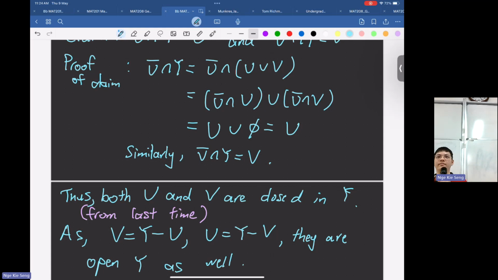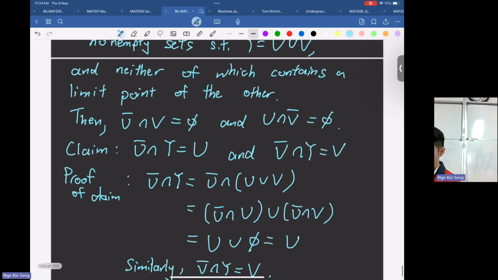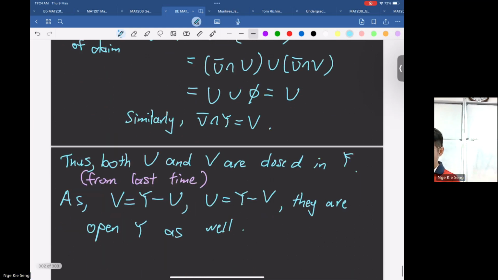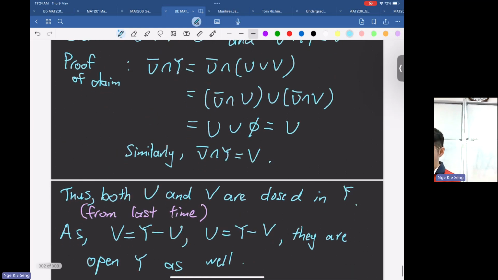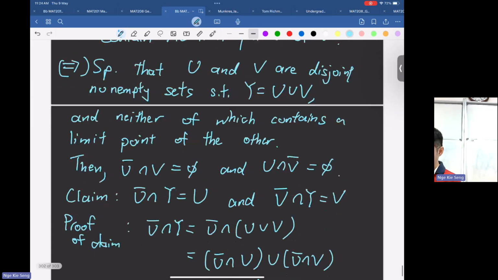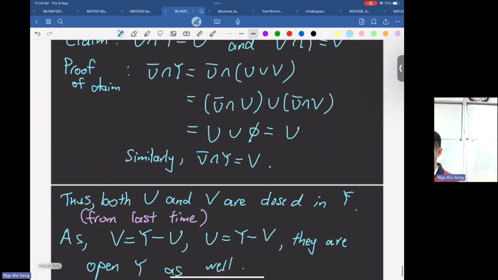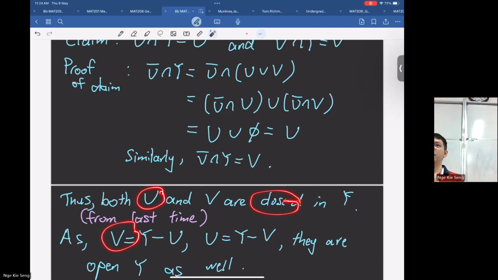Oh yeah, right. So now we deduce U and V are closed, right? My claim is I can deduce from U closed that V is open. Why?